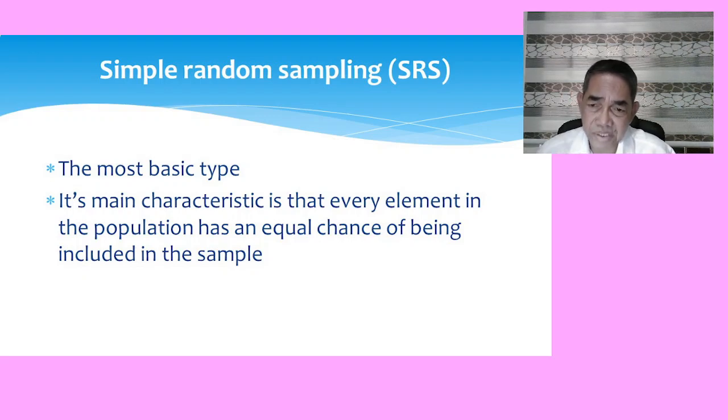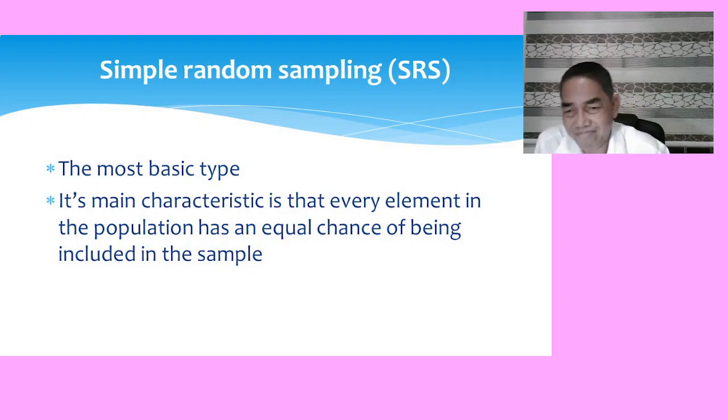Put them in a box and then shake the box and then get one. That is a simple random sampling. If you do computer-generated random numbers, you are also doing a simple random sampling. During my time, we do the table of random numbers. We get samples from the table of random numbers. That's also a simple random sampling.